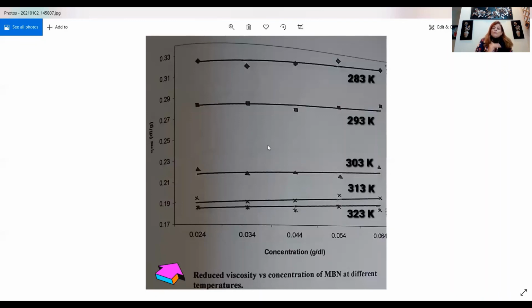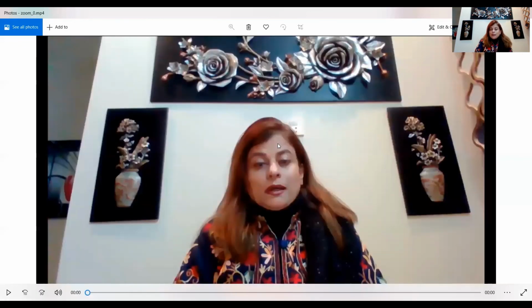The molecules will jump more, as they will find more volume. As the frequency of jumping of the molecules or segments increases, of course the viscosity decreases. It is just the opposite.